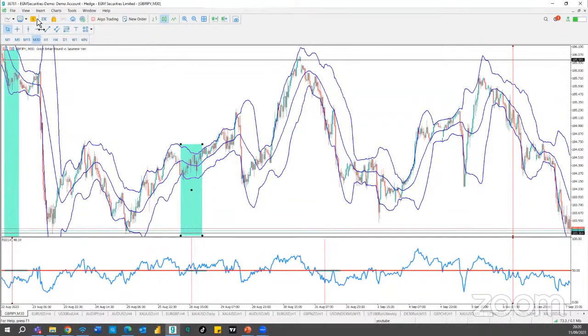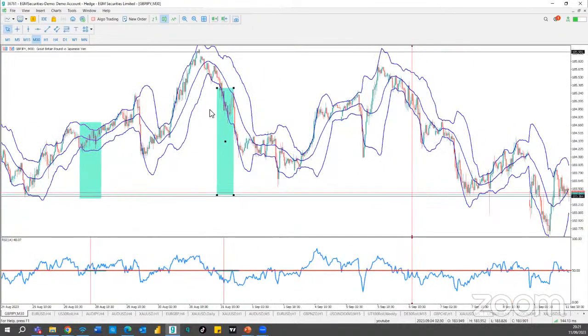So I'm marking all those levels that we had, this RSI level where we marked the line, aligning with 30 minutes, and then we assess them little by little.